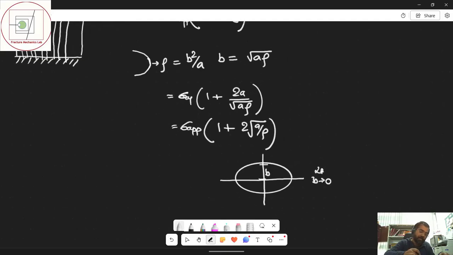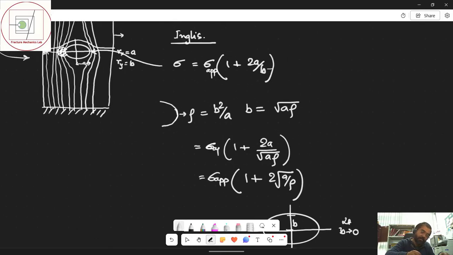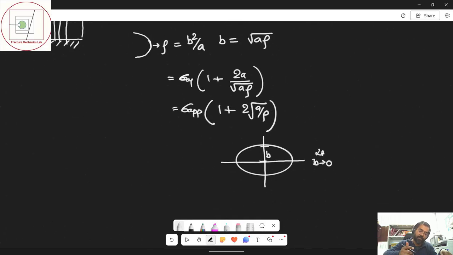If b approaches 0, then this ratio becomes too large in comparison to 1, and therefore this can be approximated as sigma applied times 2a by b. So this becomes sigma applied times 2 square root of a by rho.